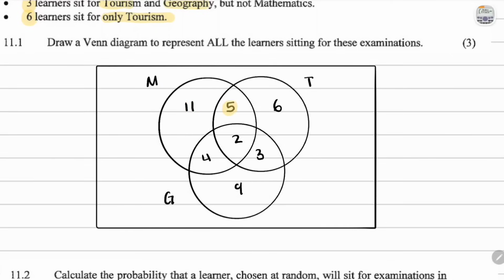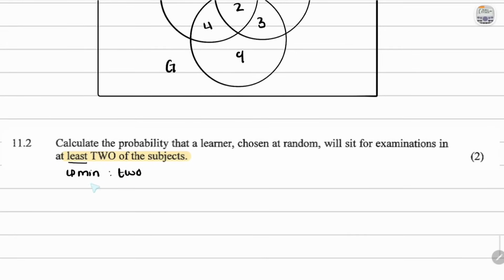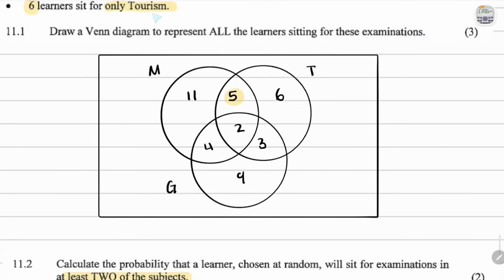If you look at these learners here, they sat for maths and tourism, excluding geography. So they sat for 2 subjects. The minimum amount of subjects we are picking would be 2, meaning you're allowed to take 2 subjects or anything more than that. Okay, minimum amount, at least 2 subjects. So that would be 5 that we'll take.